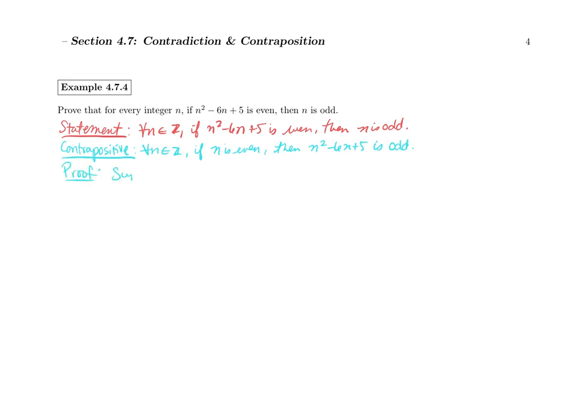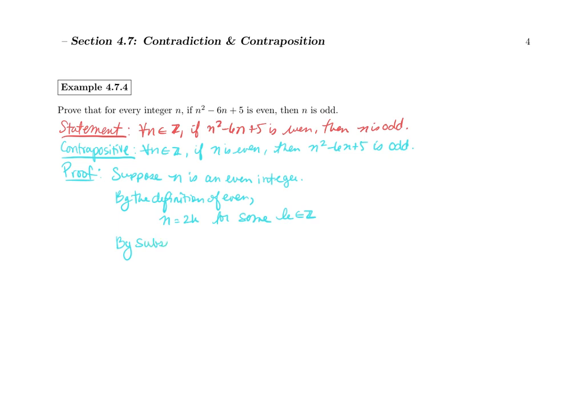So let's do that. We're going to suppose n is an even integer. Then by the definition of even, we know that n equals 2k for some k that's in the set of integers.